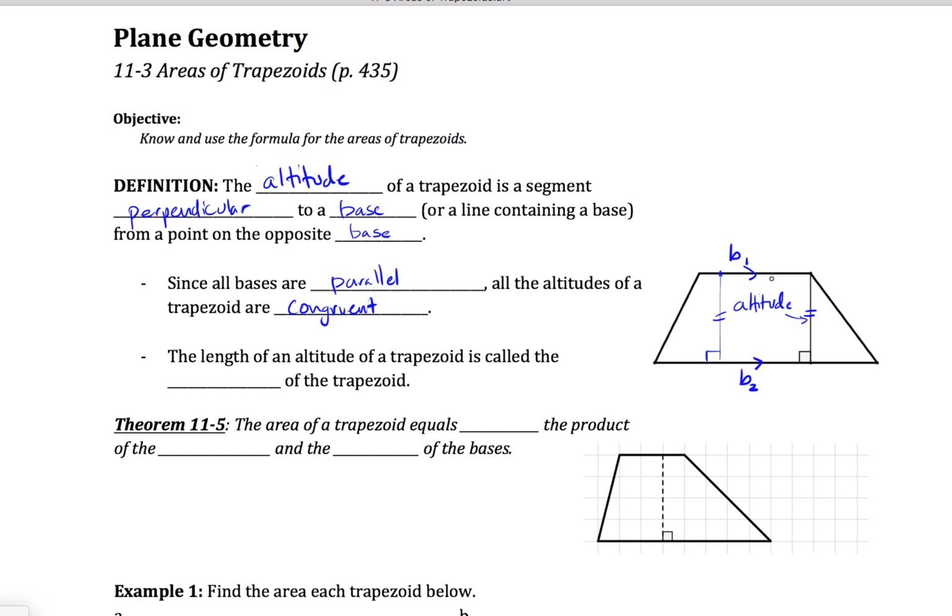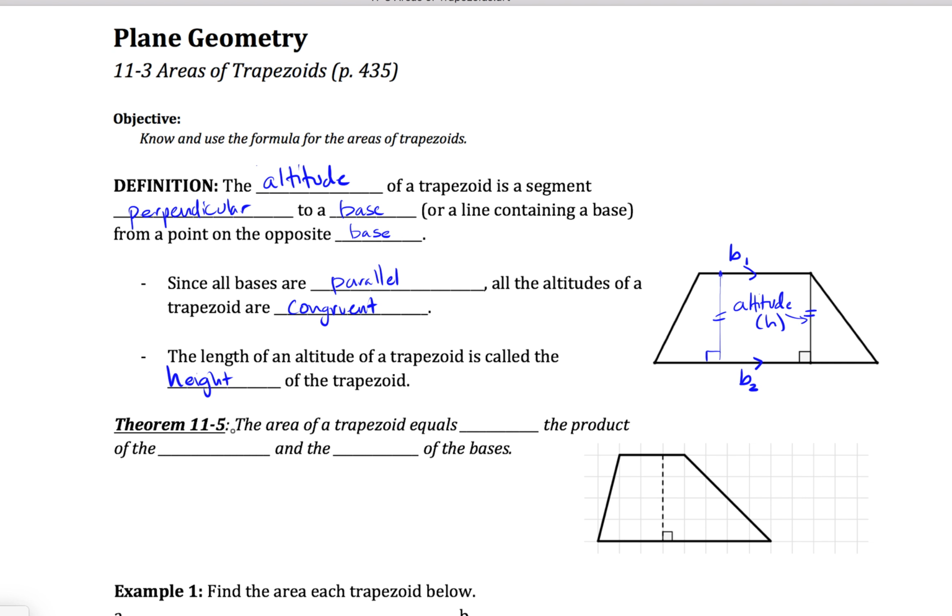No matter where I drew that segment inside this trapezoid, all those altitudes will be congruent. We call the length of that altitude the height of the trapezoid. So the altitude and the height of a trapezoid are pretty much synonymous. You can use them interchangeably.